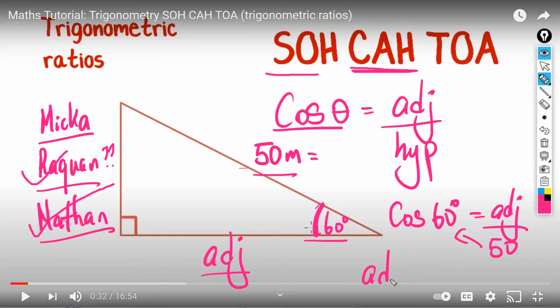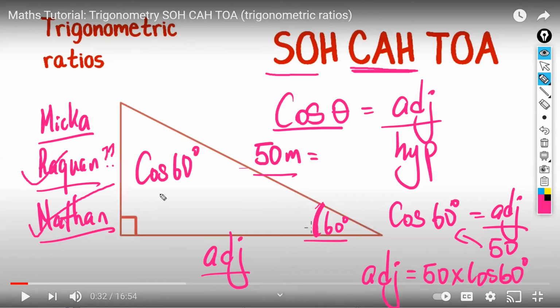So the adjacent side is equal to 50 times cos 60. When you put cos 60 degrees in your calculator, you're supposed to get 0.5. So 0.5 times 50 gives us 25. Cool. So that's the answer. That's how we work it out.